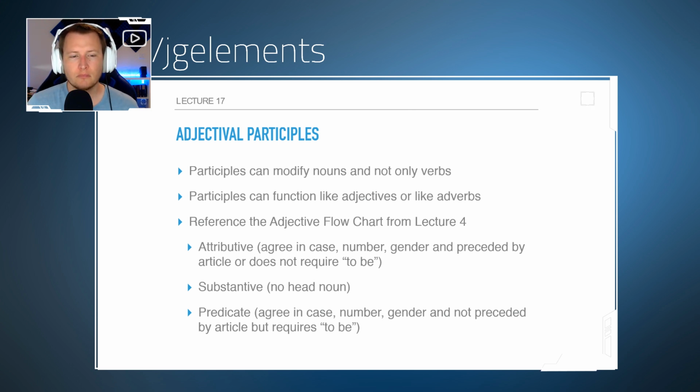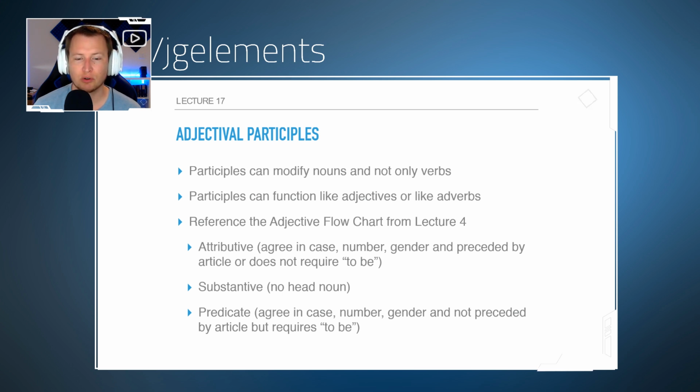Okay? The adjectival participle is substantive when there's no head noun, meaning it stands alone and it's not modifying a verb. And last, it's predicate, meaning it agrees in case, number, and gender, but not preceded by the article.